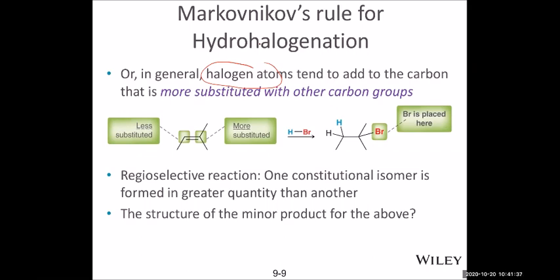So this will be the major product. The minor product will be just the opposite: bromine adds to the other one, the carbon with more hydrogen. This is the minor product. So now we have these two reactions in competition, and we need to understand why.